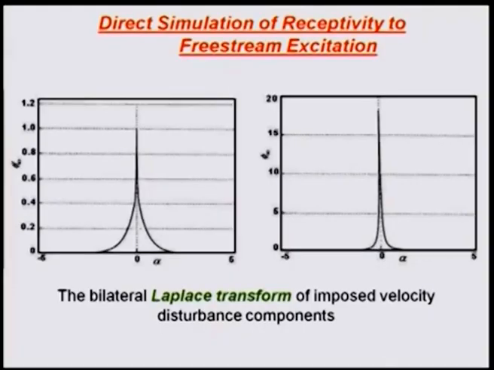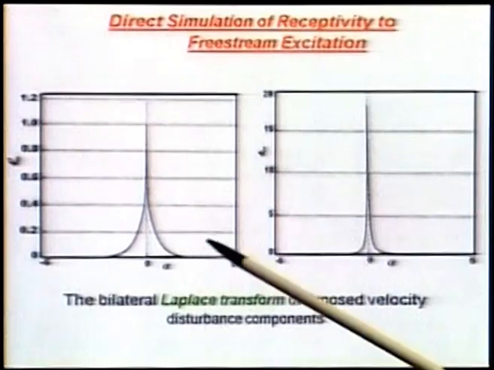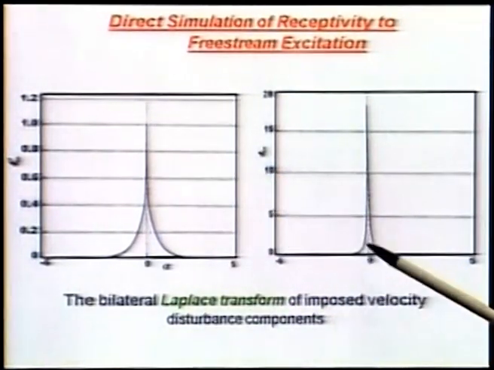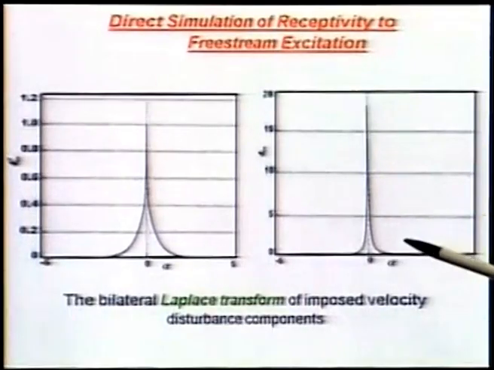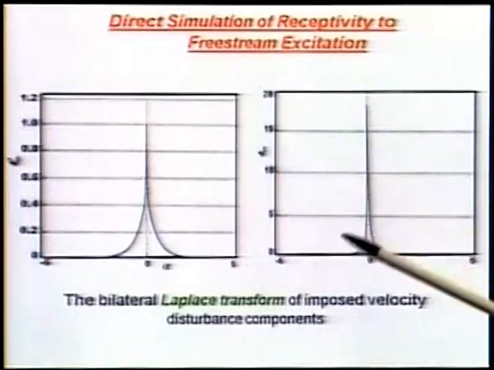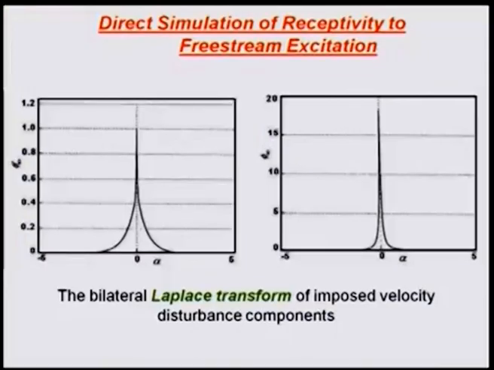Now we actually looked at the corresponding Fourier-Laplace transform, and we find that the Fourier-Laplace transform for the streamwise component of velocity has an amplitude of order 1, whereas the Fourier transform amplitude of the v component of velocity is of the order of 18 to 20.